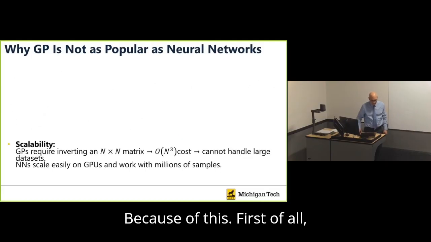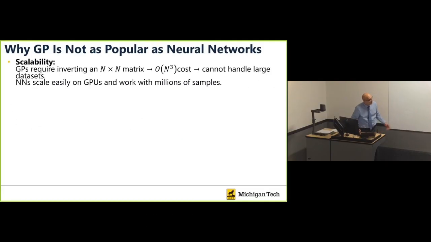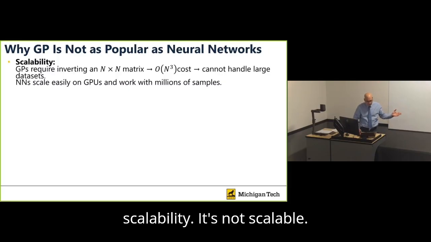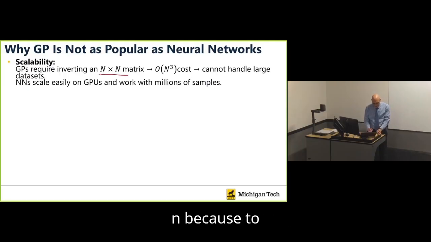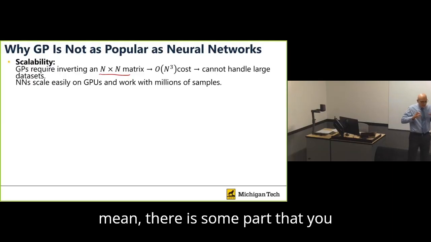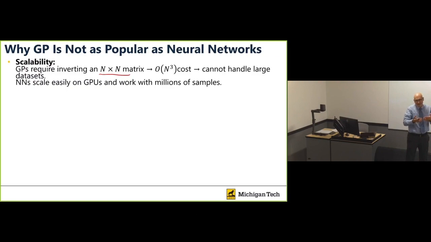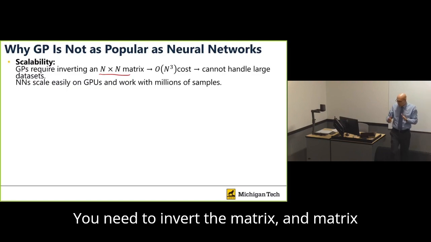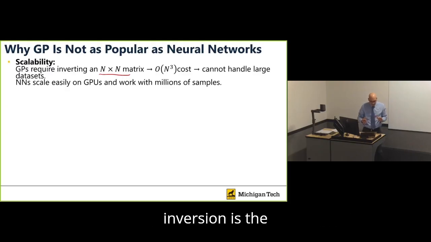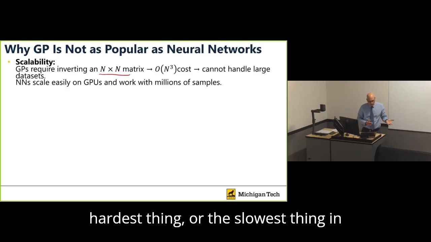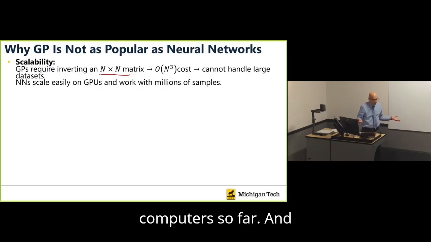Why? Because of this. First of all, scalability. It's not scalable. The matrix becomes n by n because to find the mean, there is some part where you need to invert the matrix. Matrix inversion is the hardest, the slowest thing in computers so far.